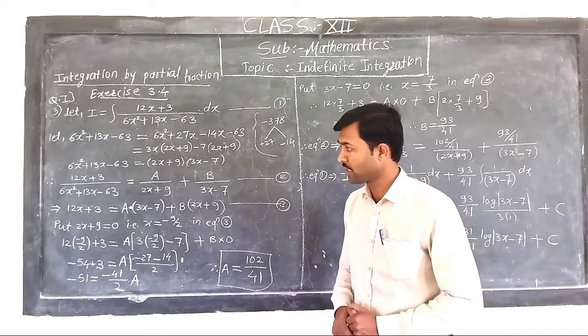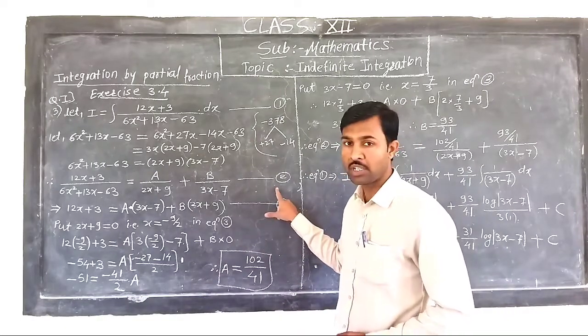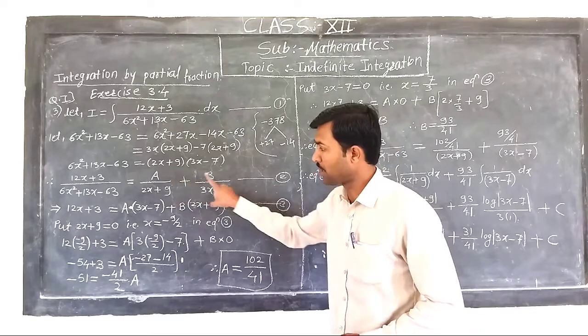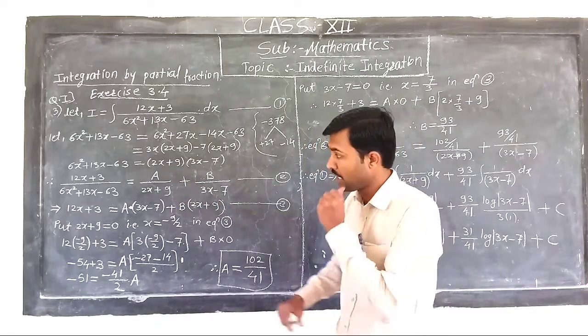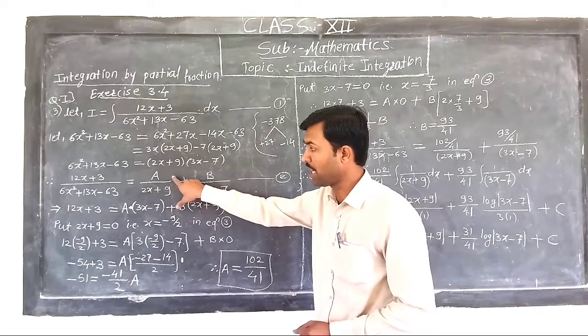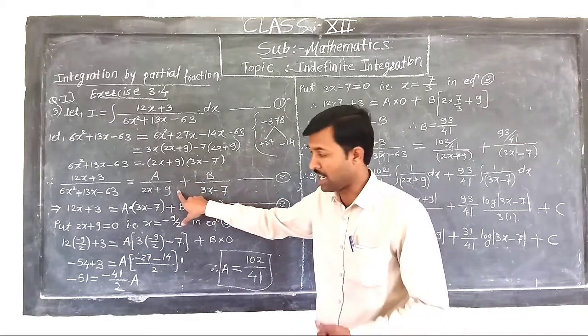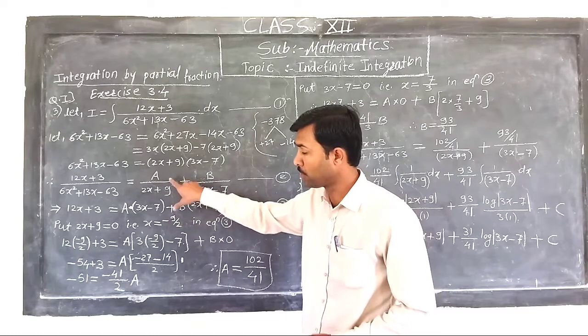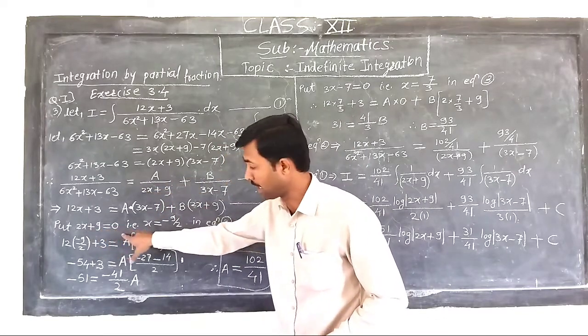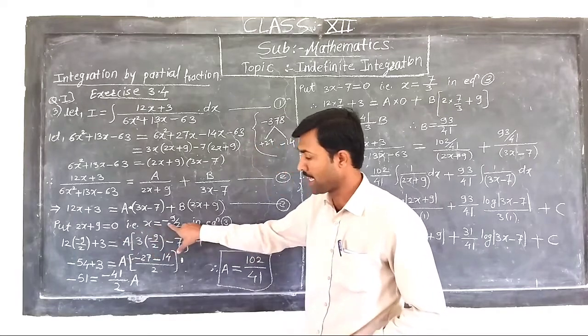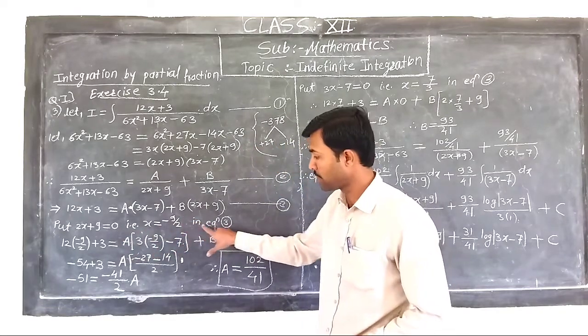Now friends, as in equation 2 two constants a and b arise, we have to find their values. If I observe the denominator of a, it is a linear factor, so put 2x plus 9 equals 0, that is x equals minus 9 upon 2 in equation number 3.